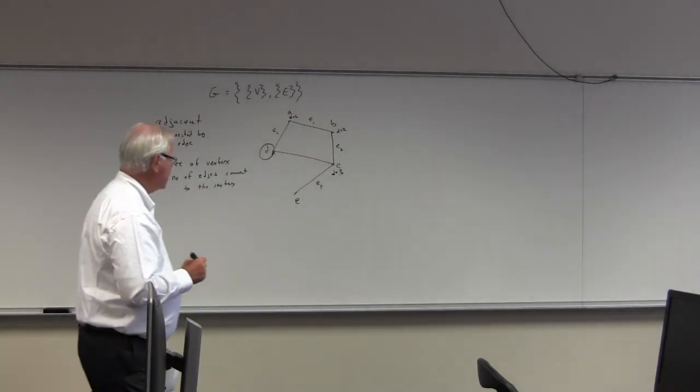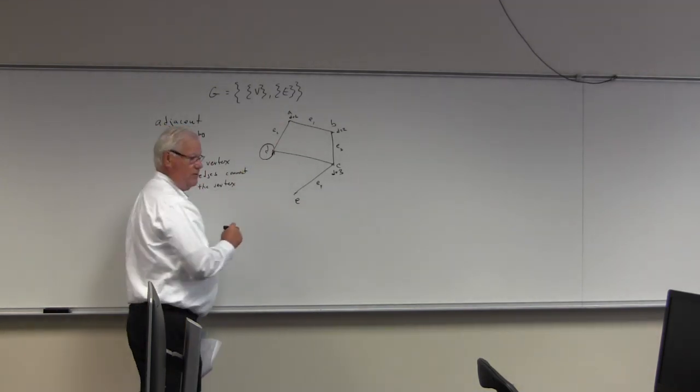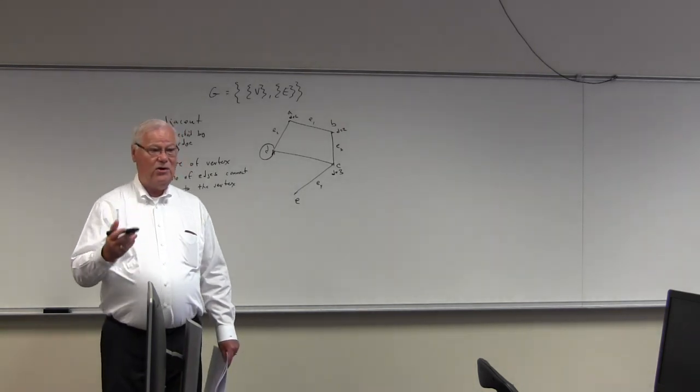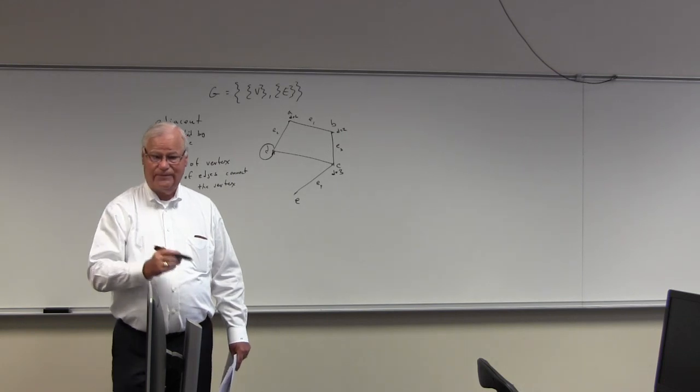So that brings up another topic. Because notice when I did this, this is what? A non-directed graph. Remember that from last time? Because there are no arrowheads on the edges, it's non-directed. There's no direction. Okay?